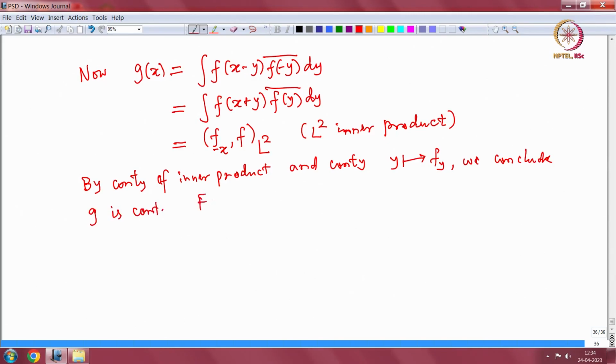Further, by the Schwarz inequality, in fact we have to attach the Cauchy name also, Bunyakovsky. In a general setup this is called the Cauchy-Schwarz-Bunyakovsky inequality. So G is bounded. G is bounded and continuous.